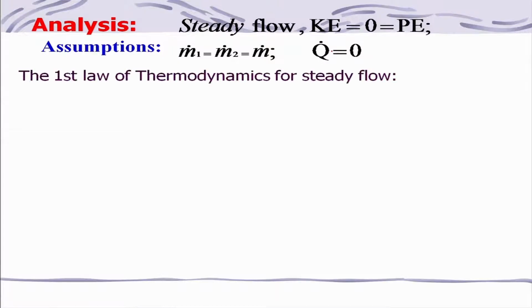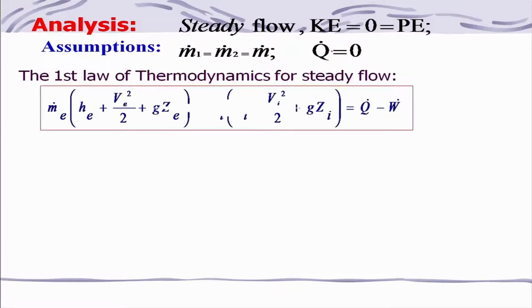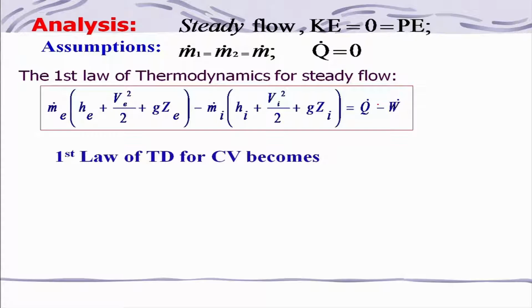So, the first law of thermodynamics for a steady flow process, we have already seen this expression, so we can apply that. We are saying the change in kinetic energy is 0, potential energy is 0, and the heat term is 0 because of the adiabatic nature.